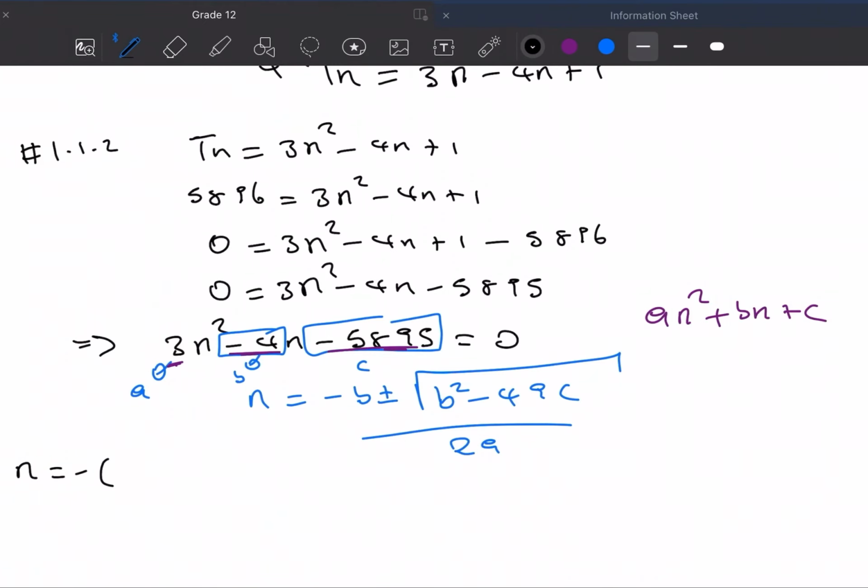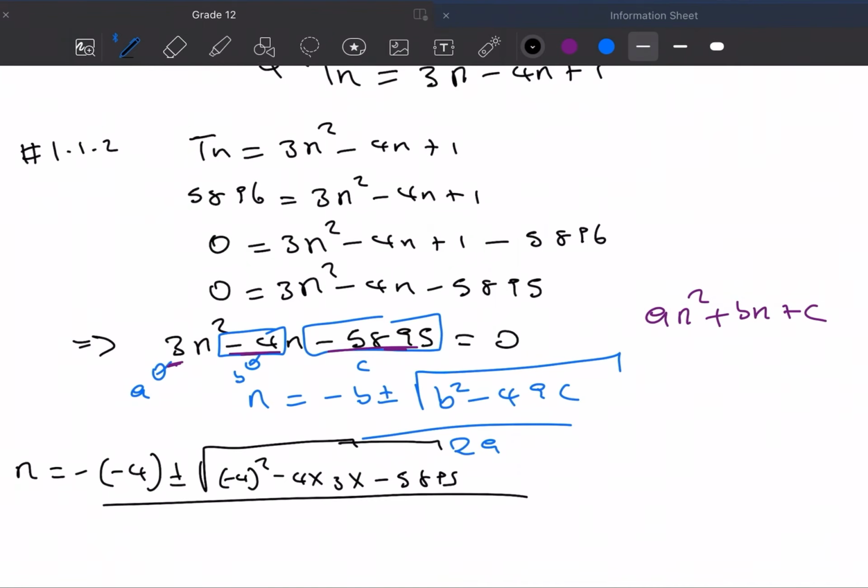So if b is minus 4, it's minus minus 4 plus or minus the square root of minus 4 squared minus 4 times a, which is 3, times c, which is minus 5895. This is all under the square root, and then 2a is 2 times 3.